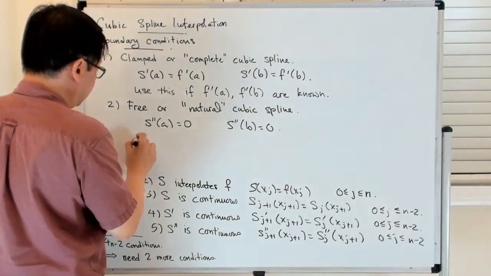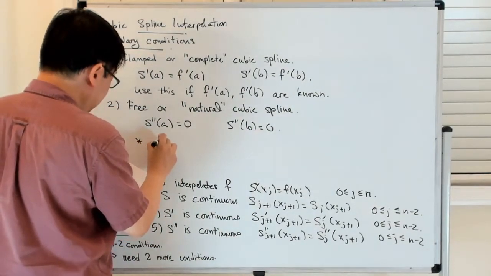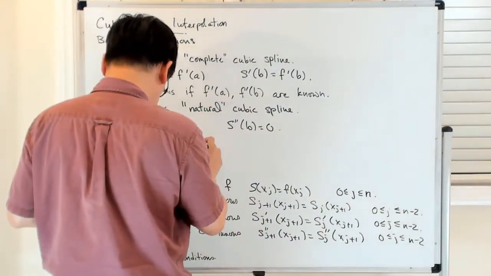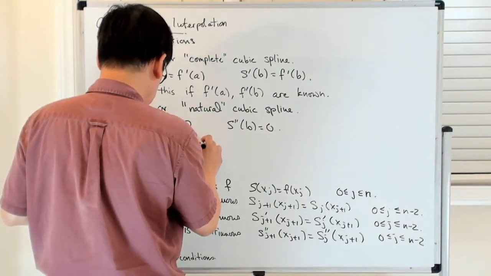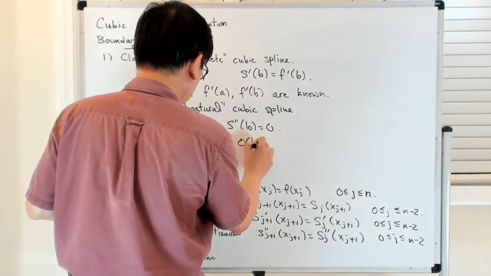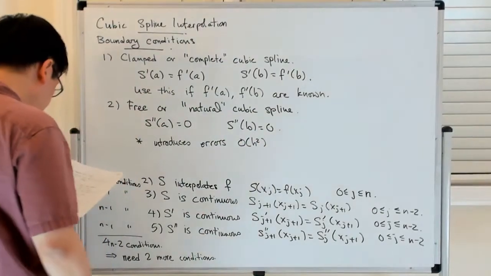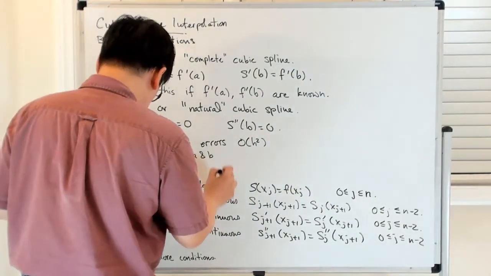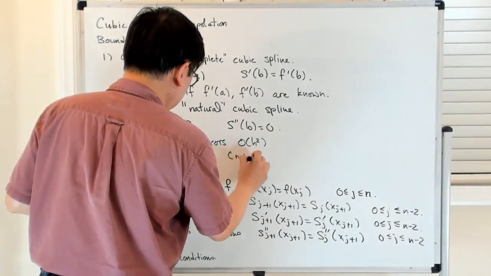The problem with this is that it introduces errors which are big O of h squared near A and B. So this is not always recommended.